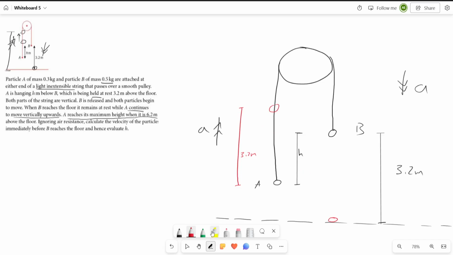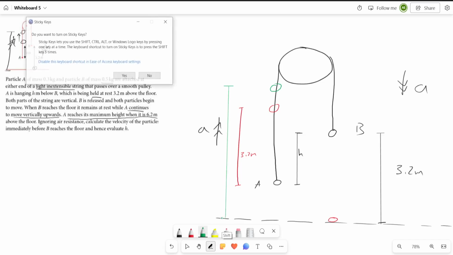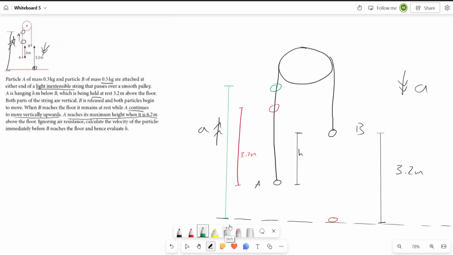So it will continue a little bit upwards to move, so it will move over here. And the question told me that the maximum height of A from the ground when it continues to move for a little bit is going to be 6.2 meters.